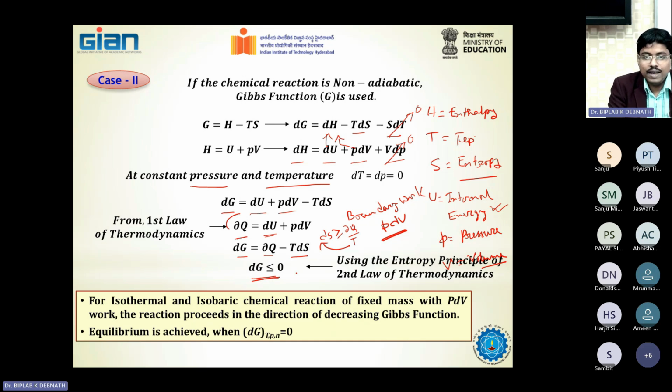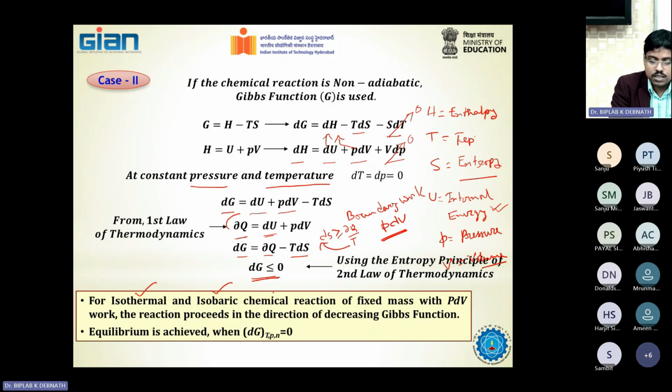When a chemical reaction is proceeding, if it maintains constant temperature and constant pressure all the time during the chemical reaction, then the change of Gibbs function is either less than 0 or equal to 0.